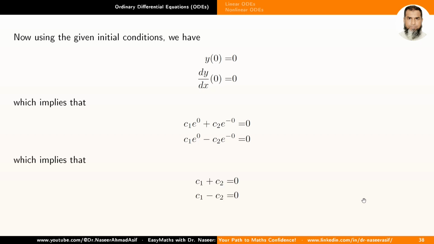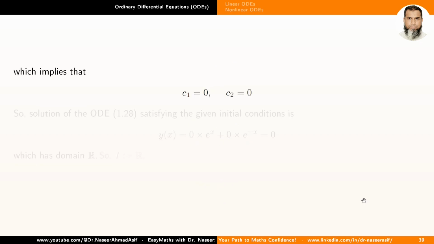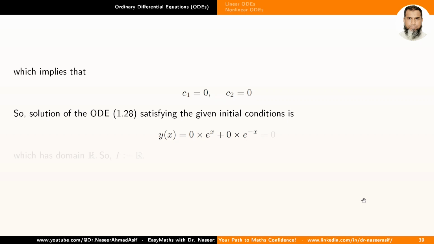So we have c1 plus c2 is equal to 0, c1 minus c2 is equal to 0. So c1 is 0, c2 is 0. So the solution of the ODE 1.28 satisfying the given initial conditions is y of x equal to 0 into exponential of x plus 0 into exponential of minus x, which is just 0. This function has domain R, so I is equal to R.